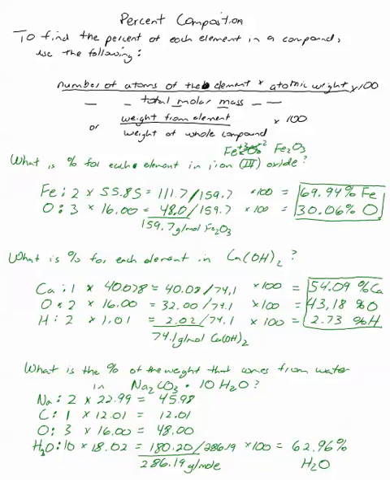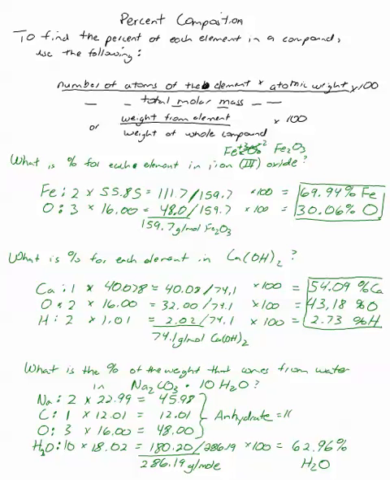Now, what percent then came from these right here? This is what's referred to as the anhydrate. Okay, so we have an anhydrate plus the water is equal to what's called the hydrate. So how would we do that?